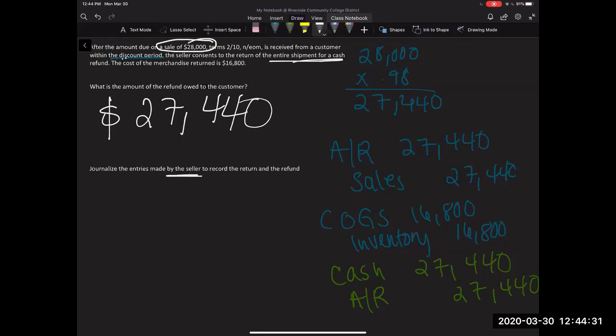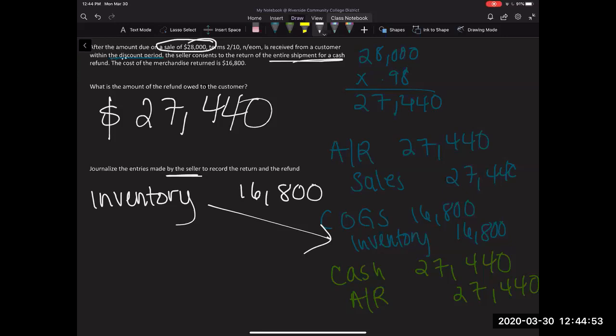Now this goes back to the slides that we just finished. Let's handle first the return. The return looks like this. Our debit is going to be to inventory, because that's what we're getting back, and the inventory we're getting back is in the amount of $16,800.